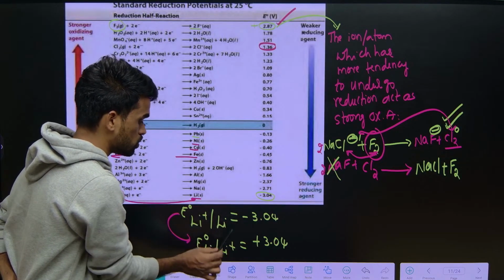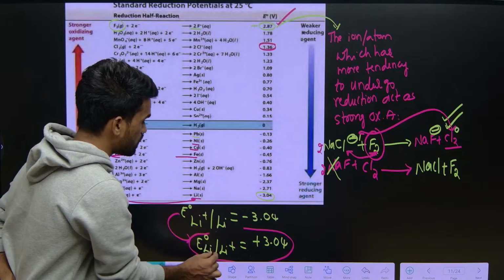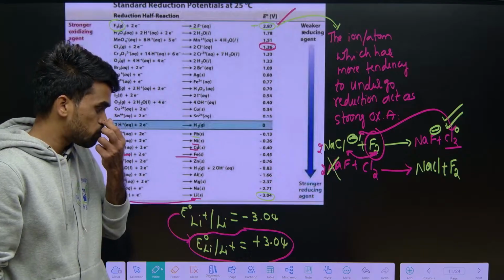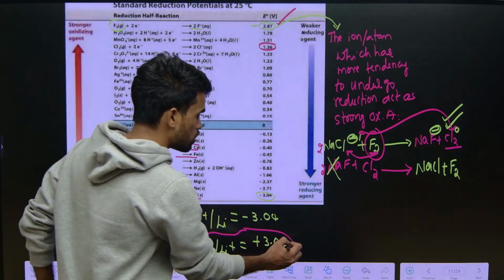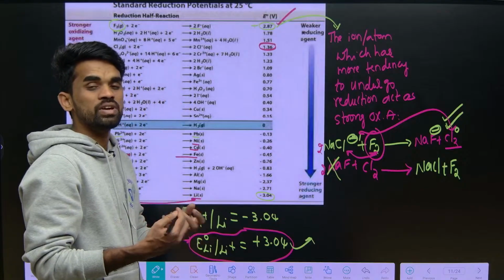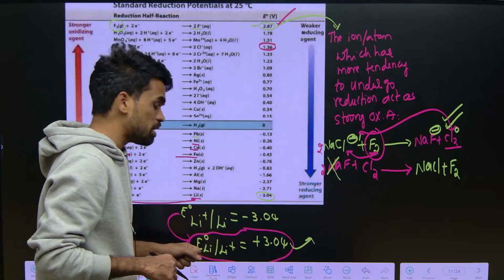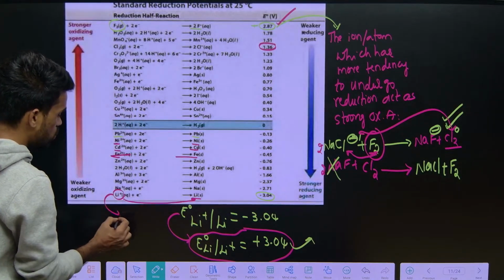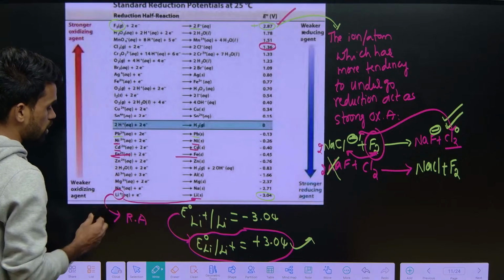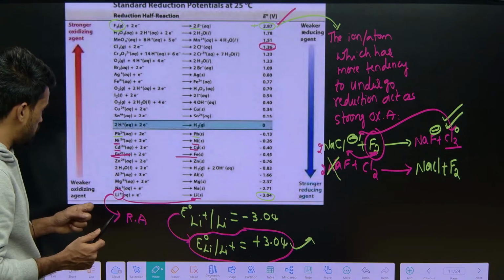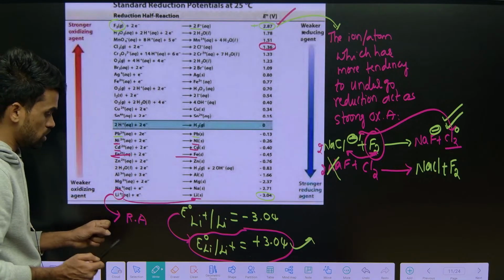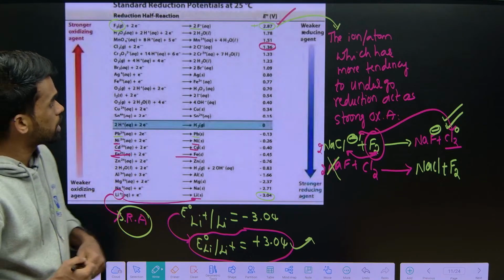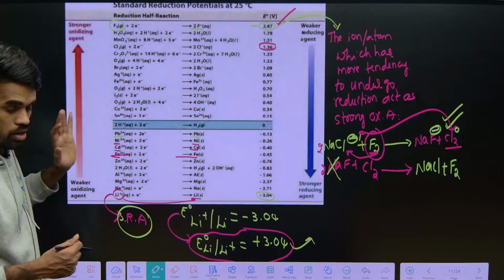So lithium has the greatest oxidation potential. Since it has a more positive oxidation potential, lithium undergoes oxidation and reduces others very easily. Therefore lithium acts as a very strong reducing agent and a very weak oxidizing agent. You need to remember these values, at least this order.